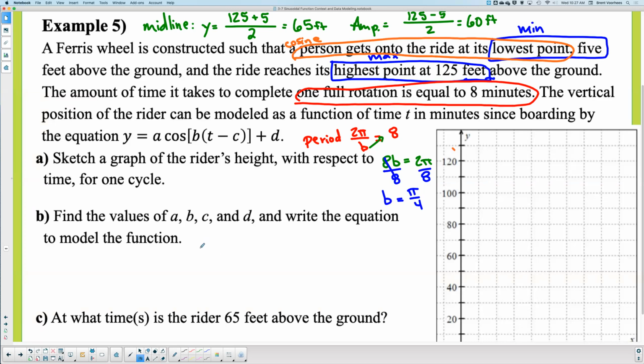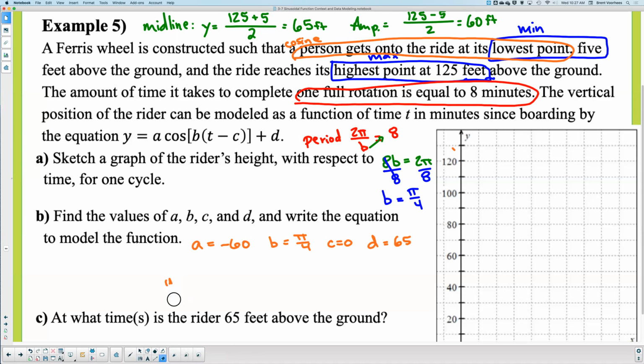It says the sketch. Whoops, we'll go out of order here. So A, we're going to say it's our amplitude, but we're going to make it negative because we start at the minimum. B, just to write all of our variables here, is pi over 4. If you get on at its minimum, does it have a horizontal translation? C is 0. And D is the midline value of 65. So here's our equation.